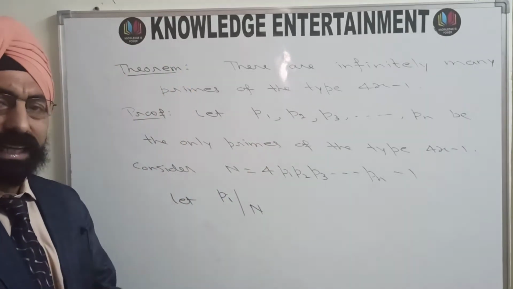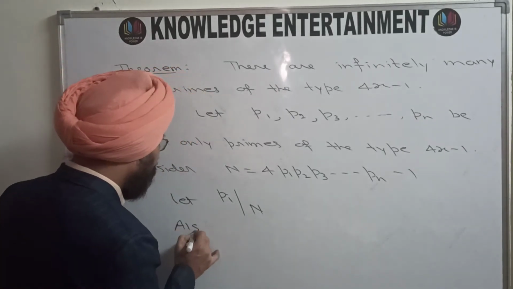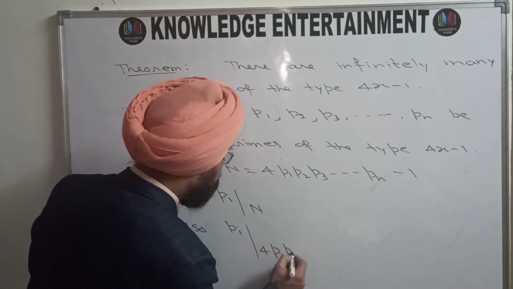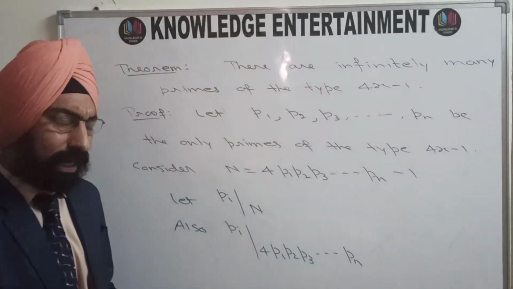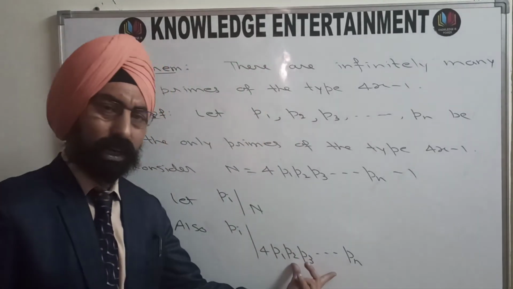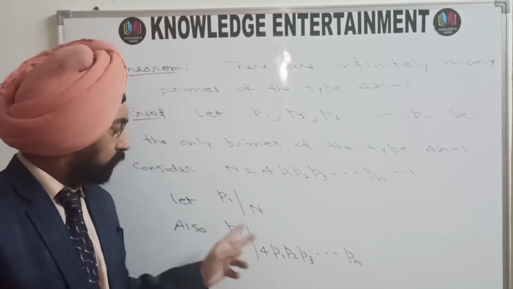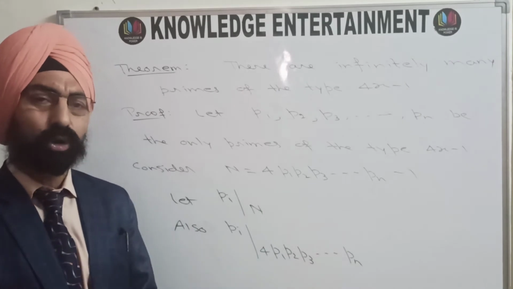Pi divides n. Also pi divides 4 times p1, p2, p3 and so on up to pn. Why? Because pi is one among these prime numbers, so pi must divide the product in which pi itself lies.